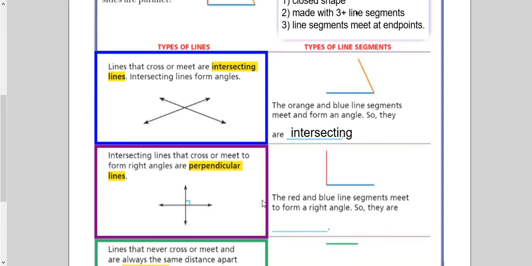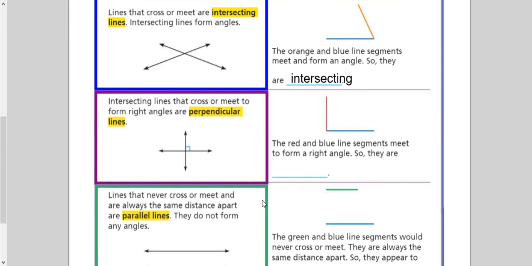Now we will take a look here at perpendicular lines. All right, now this is a special kind. Perpendicular lines are a special type of intersecting lines. They are intersecting lines that cross or meet that form right angles. So they cross in such a way that they form this perfect right angle, this 90-degree angle. Now over here, the red and blue line segments, they meet to form a right angle.